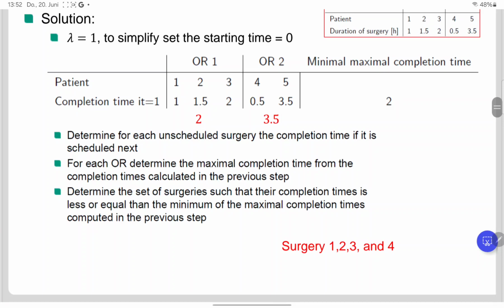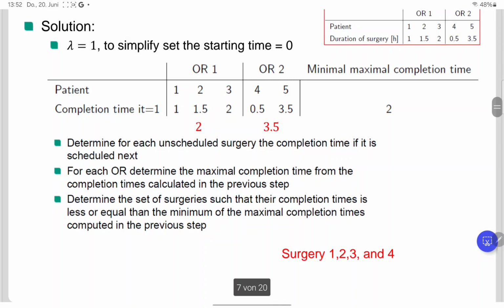That means we need to see which of these surgeries or patients can be assigned. Obviously the first one is possible because the current duration is only 1 hour. 2 is also possible with 1.5 hours of duration. 3 is possible too, so exactly on time.